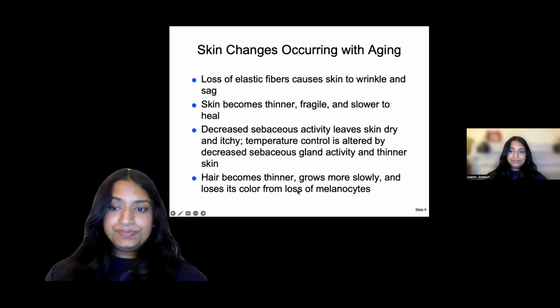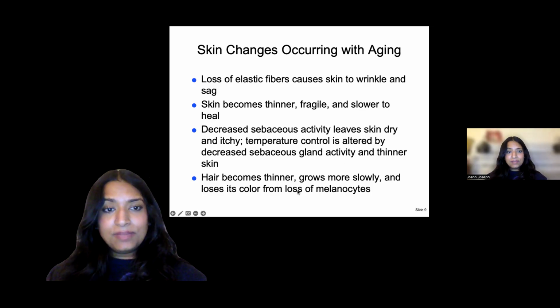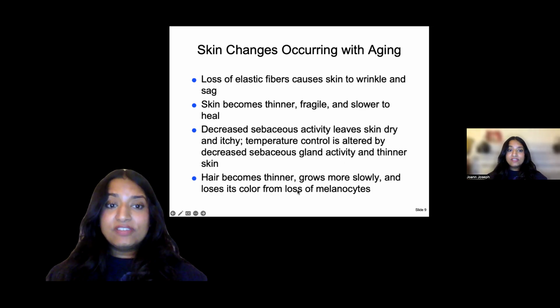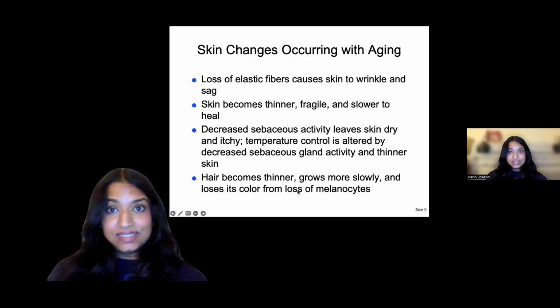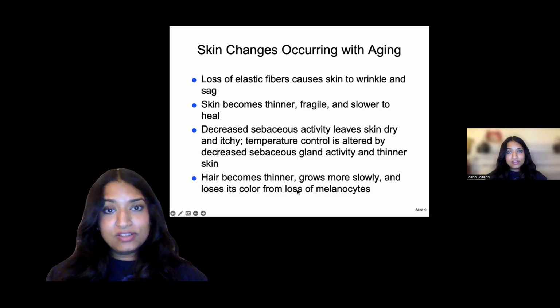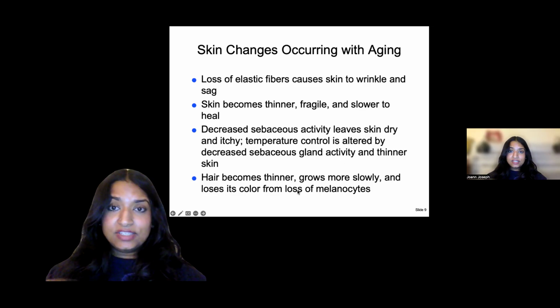So this is why elder populations often feel that they're cold. It's because their skin is literally thinning, so they do not feel that thermal protection, as we spoke about on the first slide. And then older populations, their sebaceous gland activity is decreased.